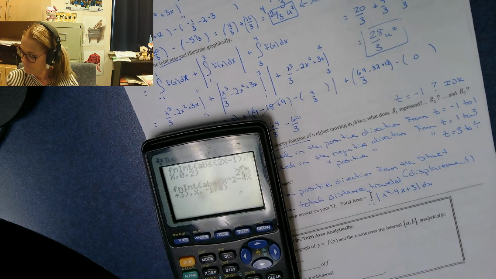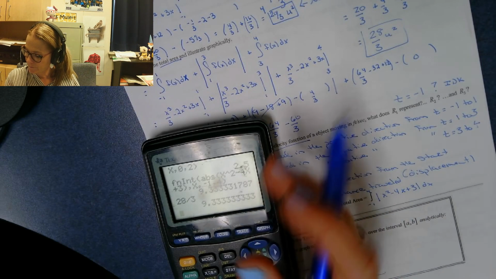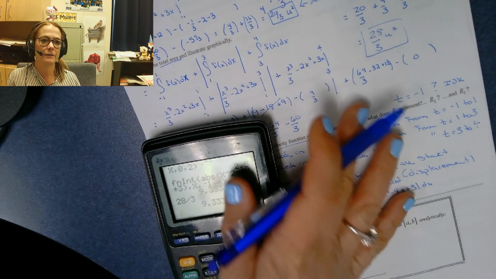Thinking. Okay, and 28 over 3. Boom, there you go. Little different back here, but that's okay. That's why the AP exam just rounds us to 3.